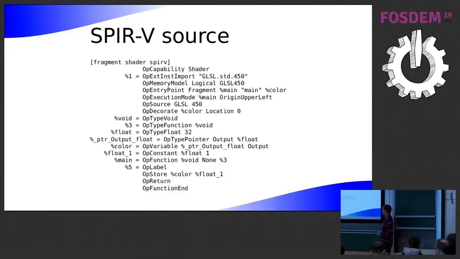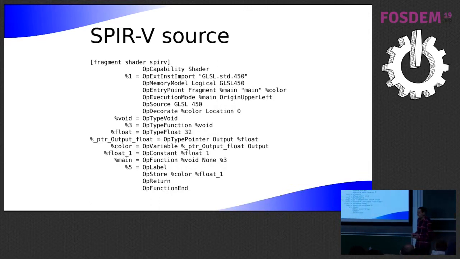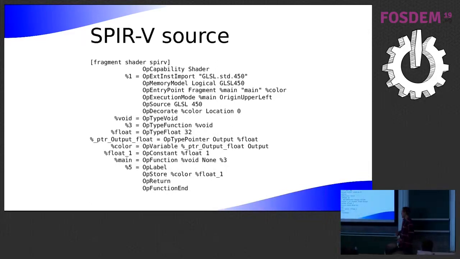In all the previous examples, all the shader sections were written in GLSL, but if you want to, you can also specify a shader section with SPIR-V source. This is really useful if you want to test a corner case with SPIR-V, because there are a lot of tests that you might want to run that you can't get the GLSL compiler to generate the SPIR-V that you want.